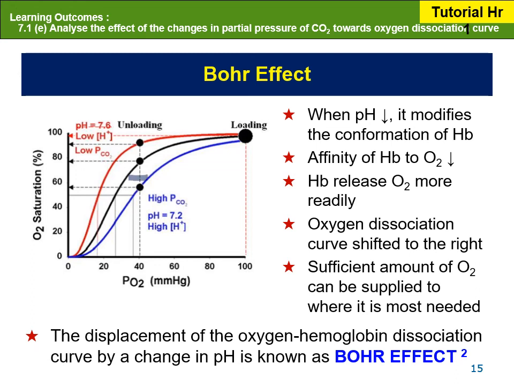Okay, so here to the right, because of the pH, pH dia reduce kan. Okay, so sufficient amount of oxygen can be supplied to where it is most needed. So the displacement of the oxygen hemoglobin dissociation curve by a change in pH is known as the Bohr effect.